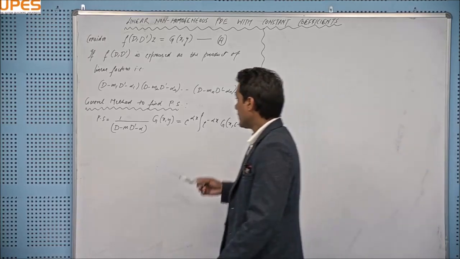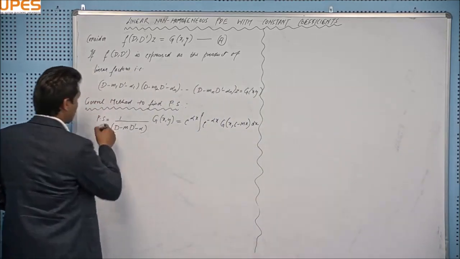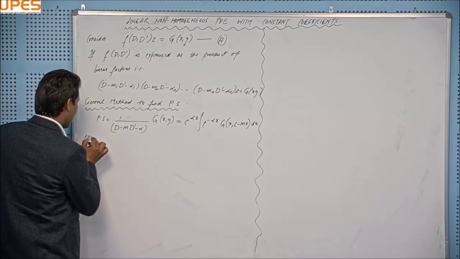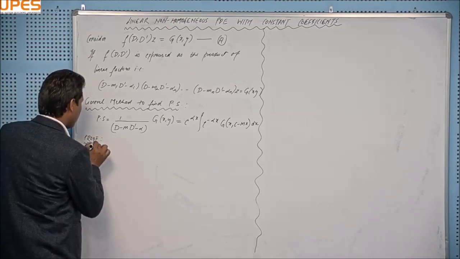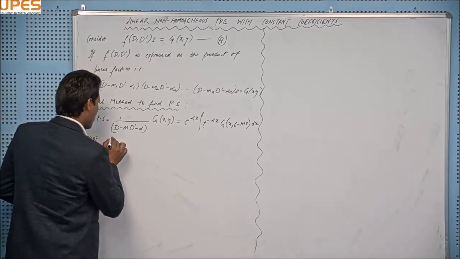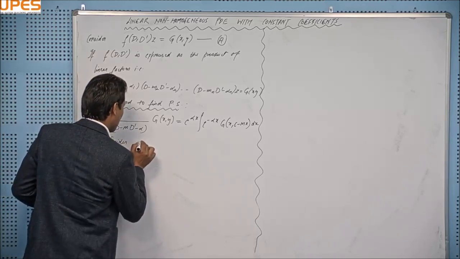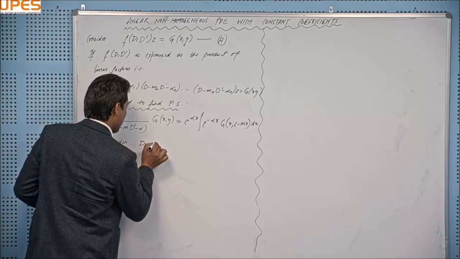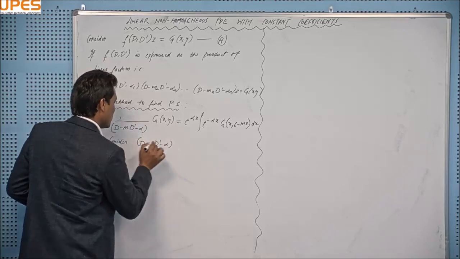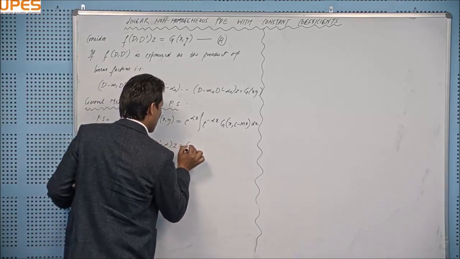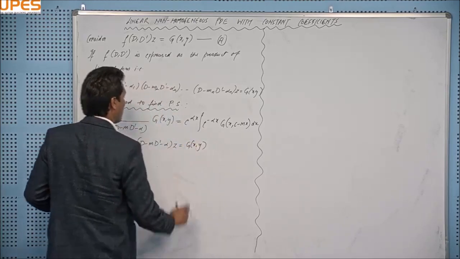So I am going to prove this formula. Consider a partial differential equation of the form (D - mD' - α)z = g(x,y).